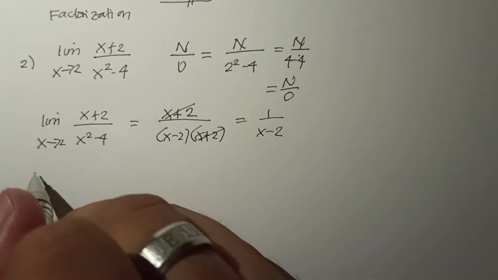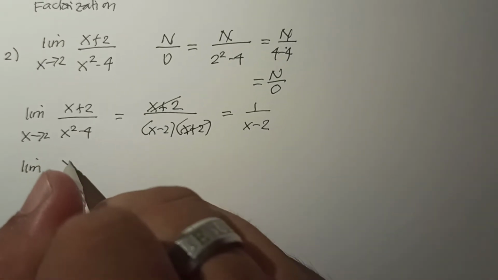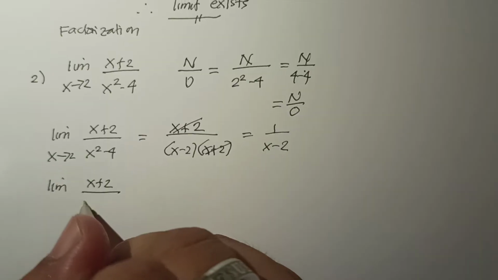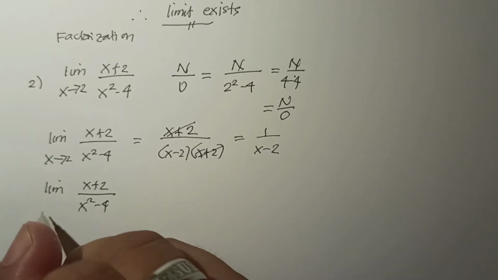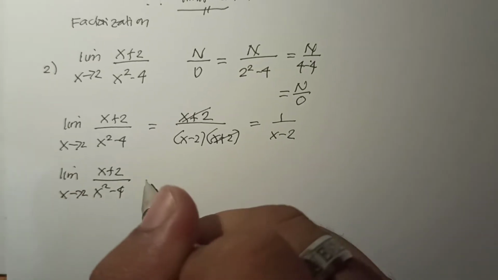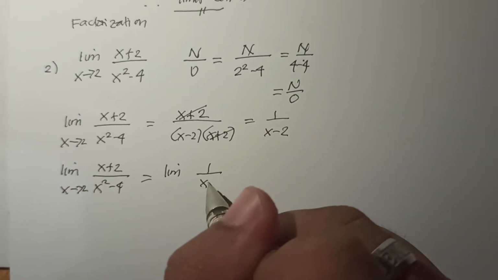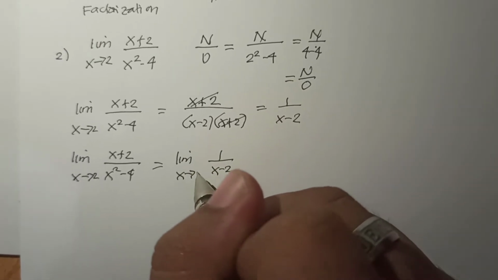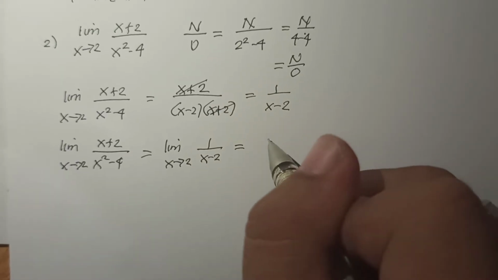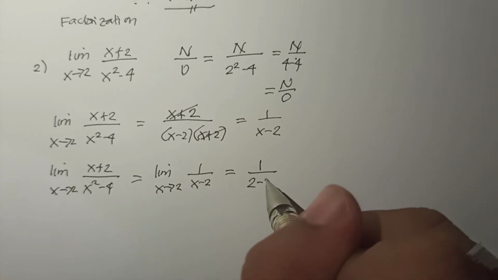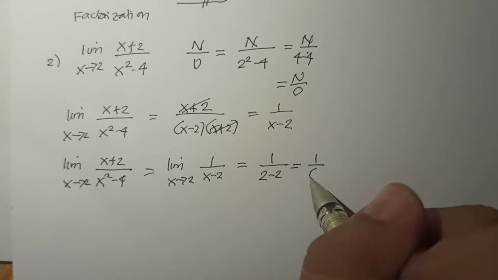To repeat it: the limit of x plus 2 over x squared minus 4 as x approaches 2 is equal to the limit of 1 over x minus 2 as x approaches 2. The result would be 1 over 2 minus 2, that is 1 over 0.